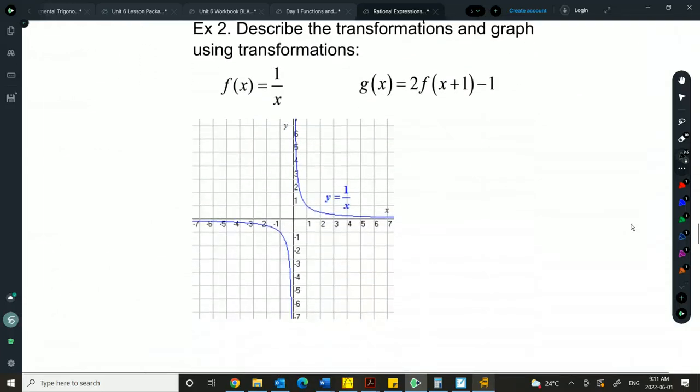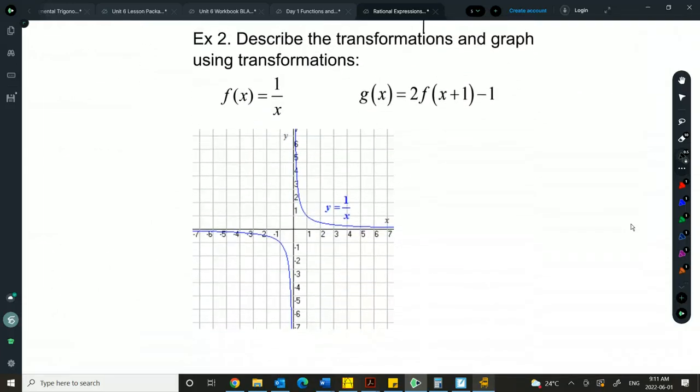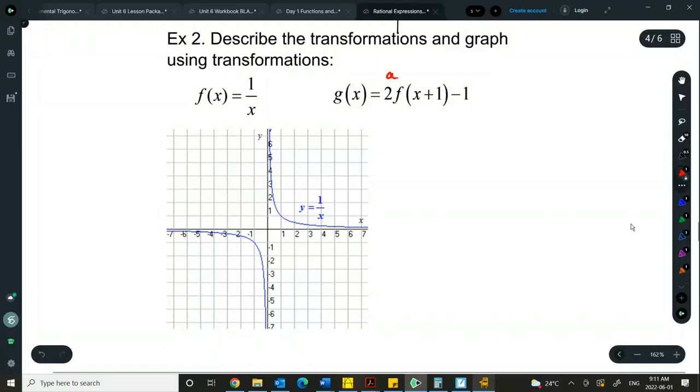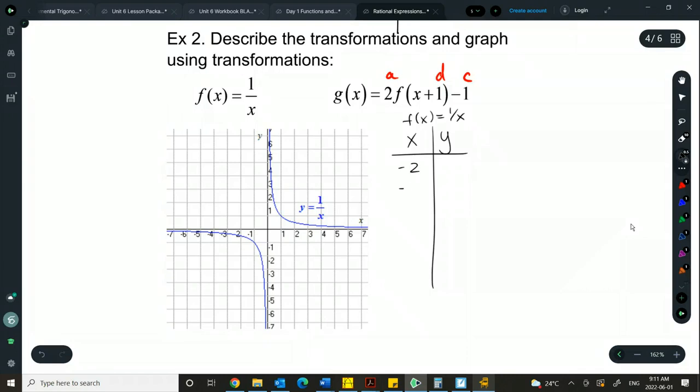Okay, so this is a good example because it's one of the more challenging functions that we worked with in Unit 3. The 1/x function, and then we have transformations. We have an a, a d, and a c. So I'm going to start with the parent function points of 1/x, which we said good x's to choose would be -2 to +2, but instead of including 0, we include the -1/2 and the +1/2 points.